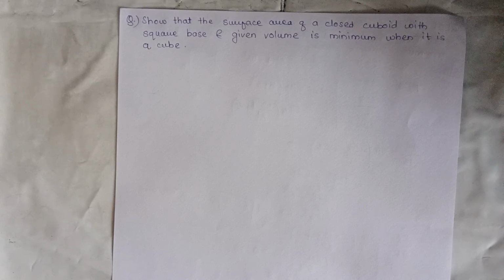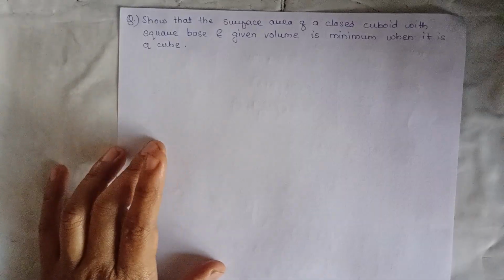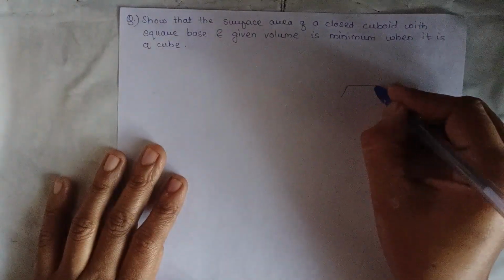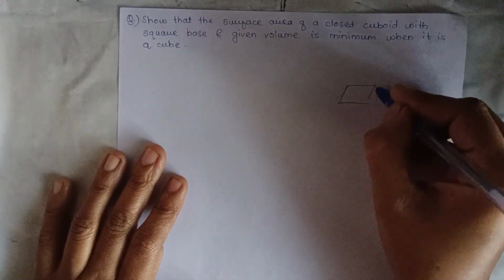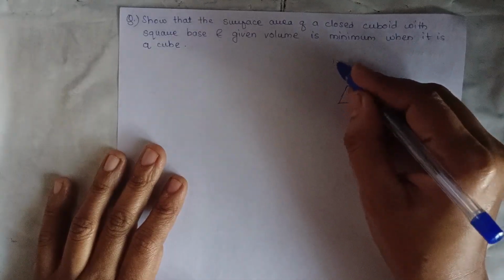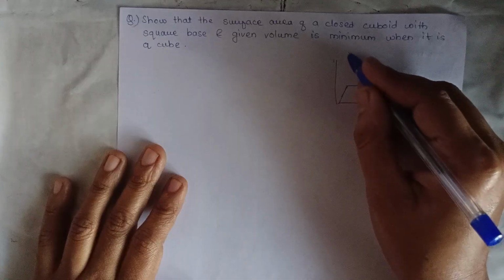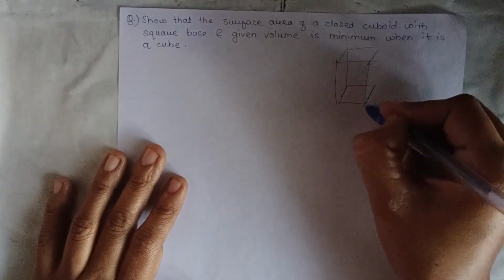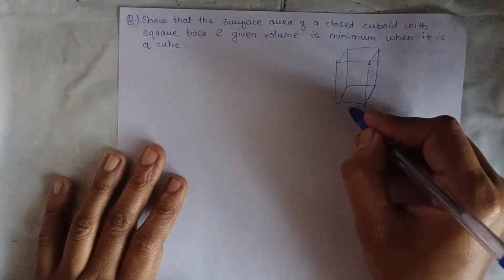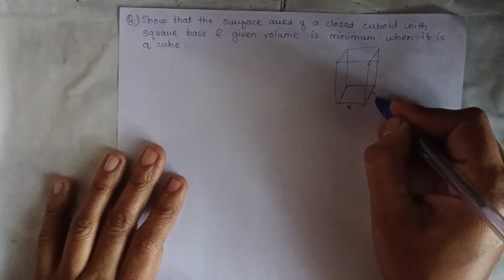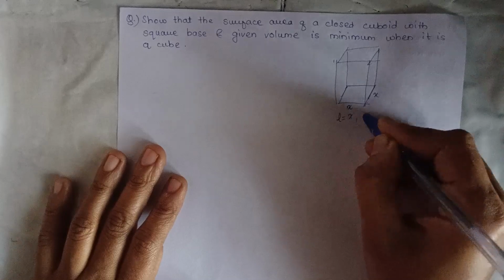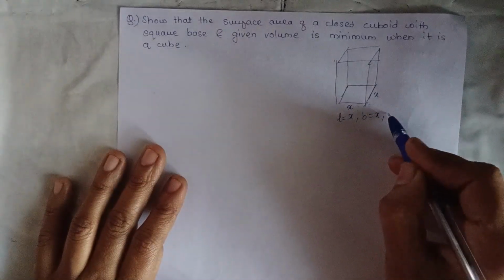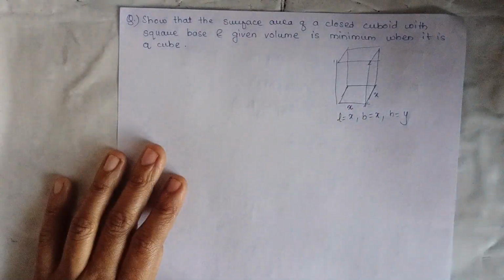It is given that the cuboid is with a square base. So suppose this side is x, then our length is x, breadth is x, and the thing which is different is height. So height say y.